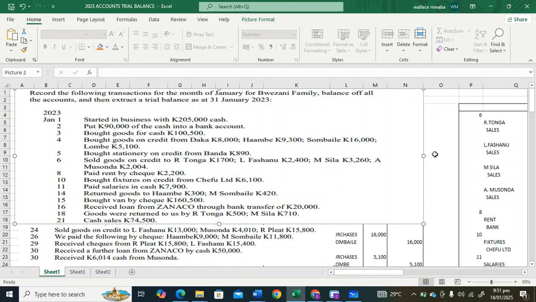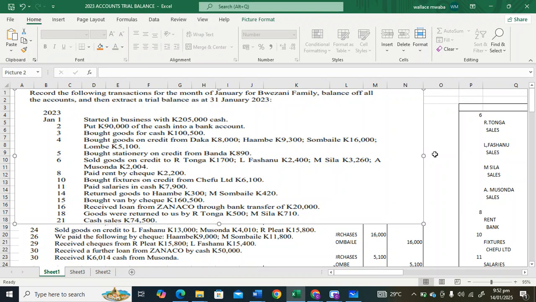Please go ahead. If you buy on cash, you debit purchases and you credit cash because cash is reducing.